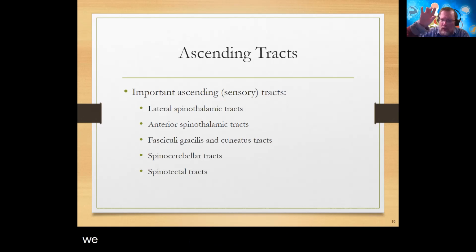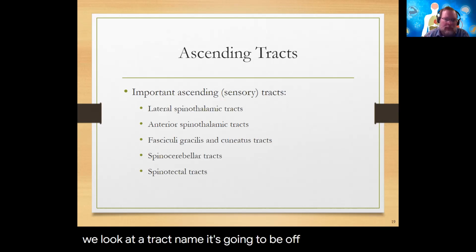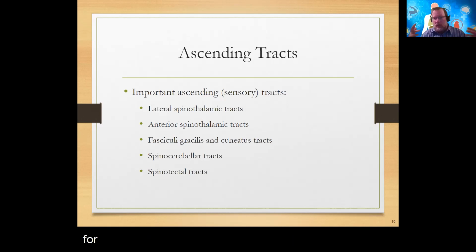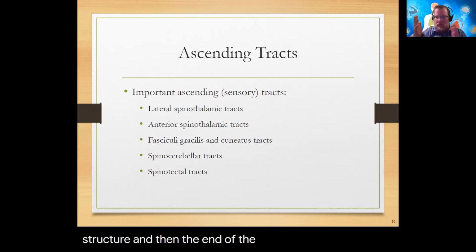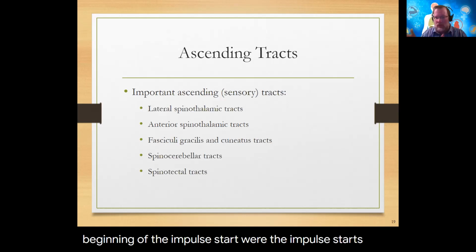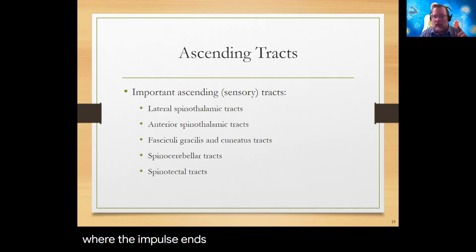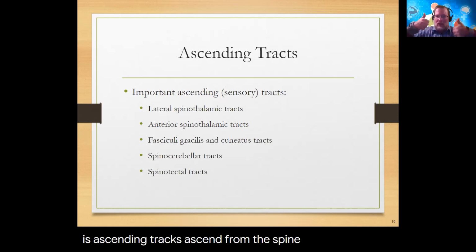So when we look at a tract name, it's going to be oftentimes named for the beginning of the structure and then the end of the structure, where the impulse starts and where the impulse ends. That's a big clue to whether we're dealing with an ascending tract or descending tract. My point is, ascending tracts ascend from the spine up.